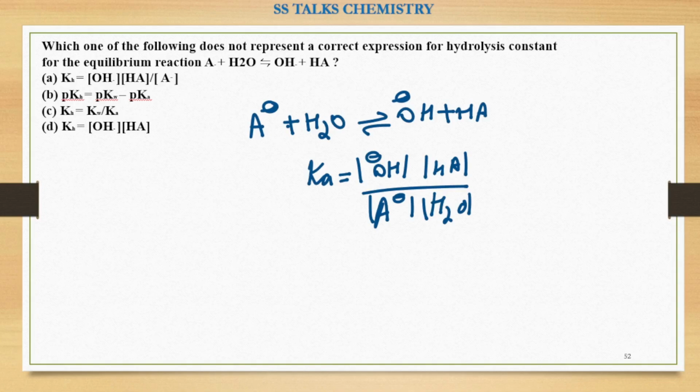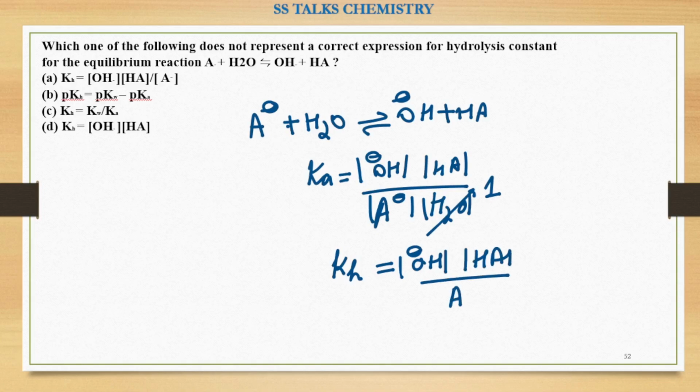Generally water is just taken in excess, so its concentration we can take to be equal to unity. And this Ka, if you multiply it with the water concentration, becomes the hydrolysis constant, Kh, which is the product of OH negative into HA upon A negative.